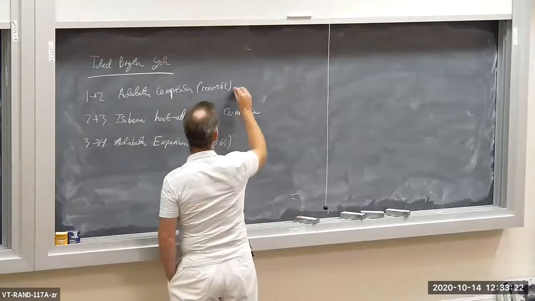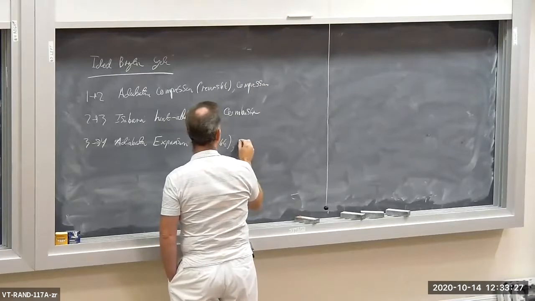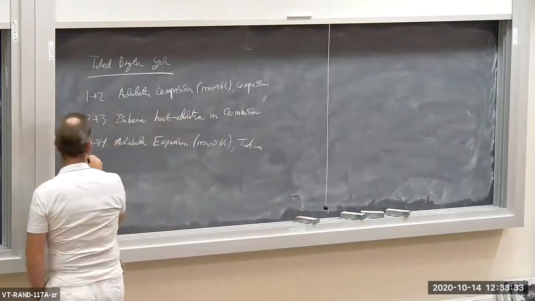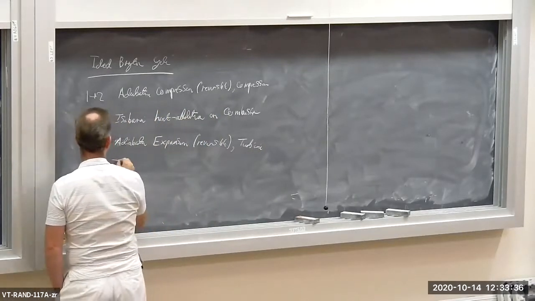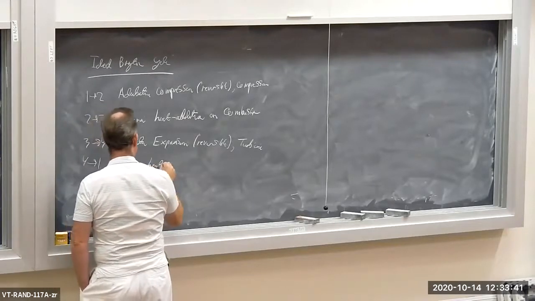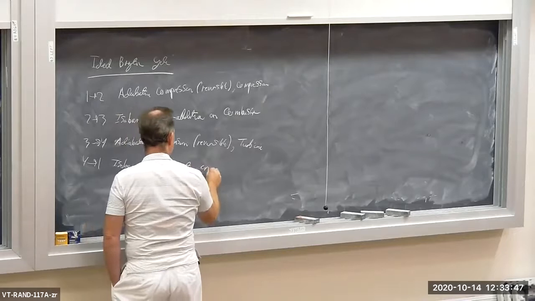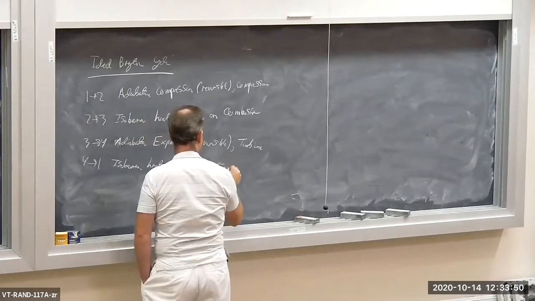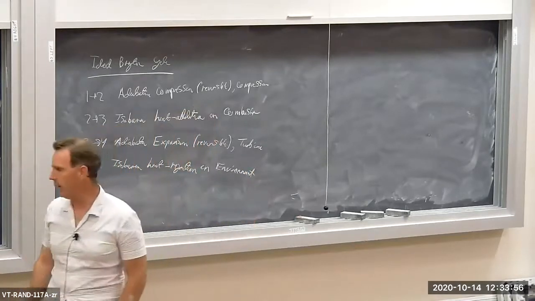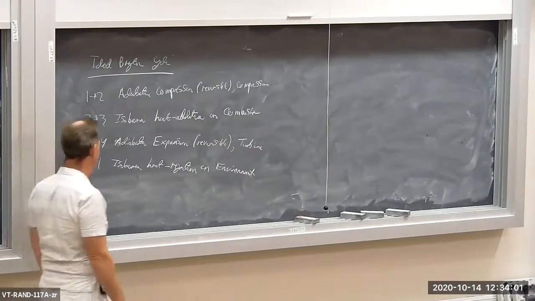So this is the compressor, and this is the turbine. And then we have isobaric heat rejection going on in the environment. Okay, so we're modeling this as an isobaric heat rejection into the environment, okay?